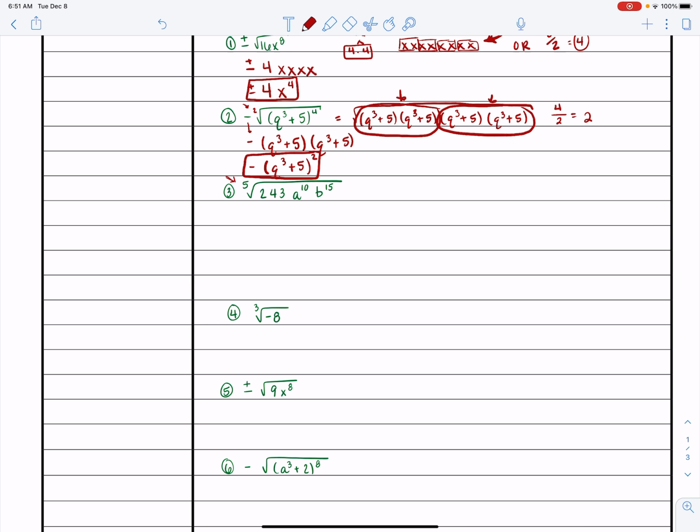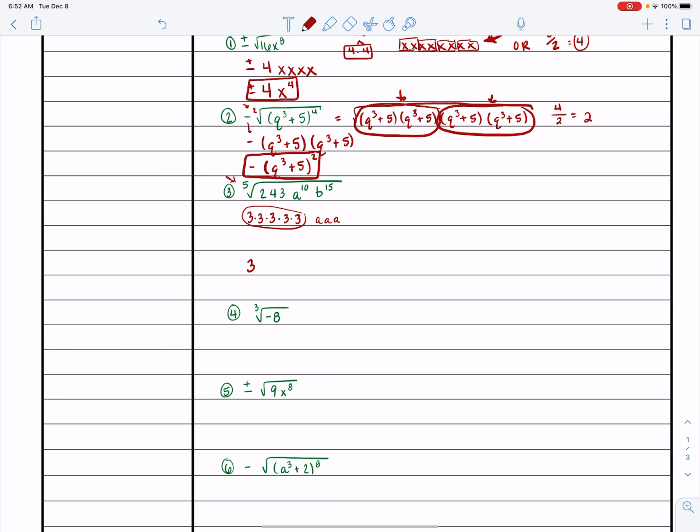Okay, well, I've done some trial and error, and I figured out that 3 times 3 times 3 times 3 times 3 is 243. And because 243 is made up of 5 3s, then I have a 3 on the outside of my answer. All right, now, A^10.